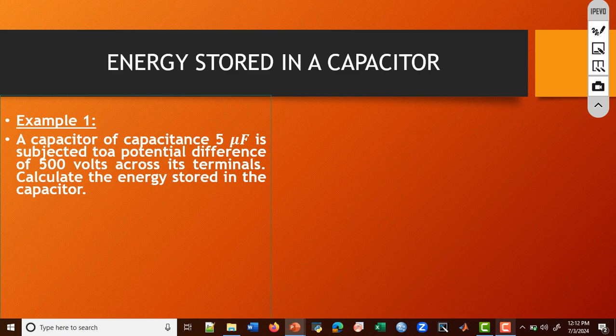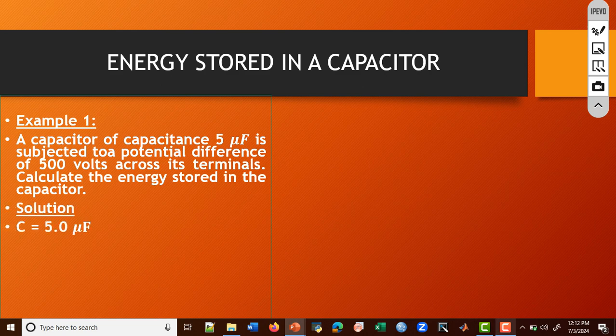So what we are going to do is pick one expression for the energy stored in the capacitor. But how do we know the one we are going to pick? We have to first highlight the quantities given to us, and then pick an expression that comes with those quantities.